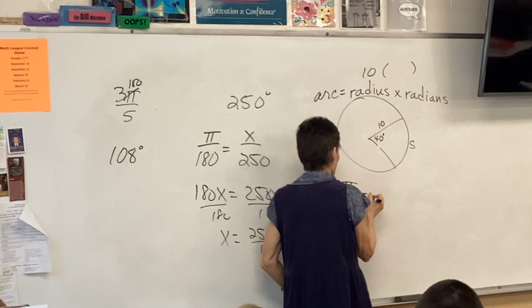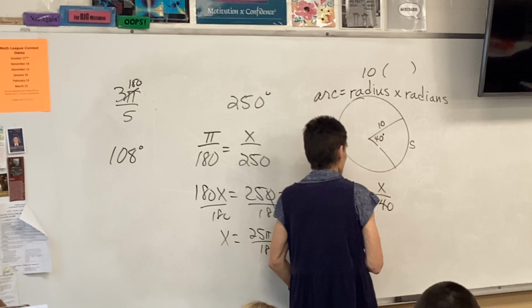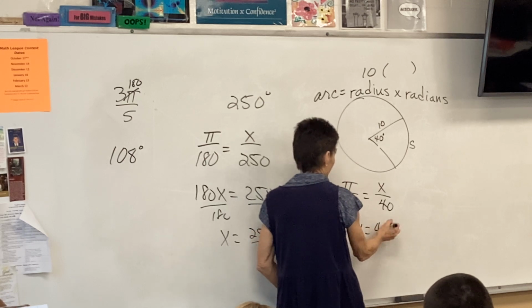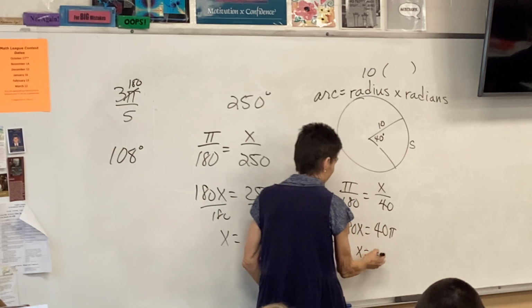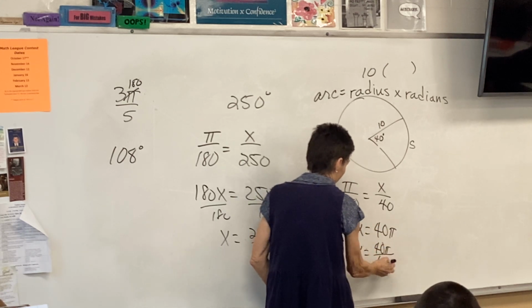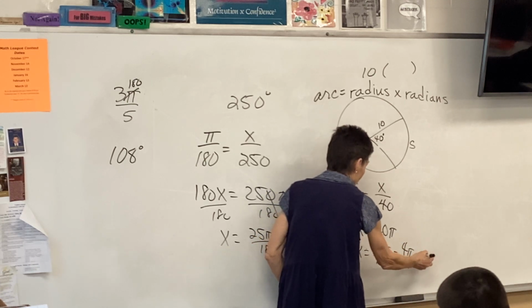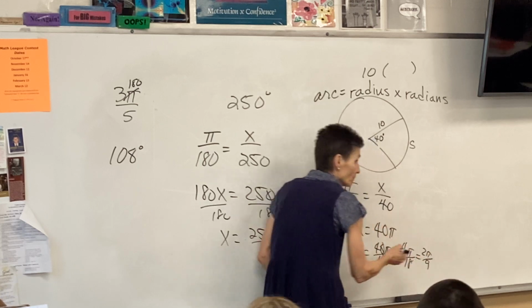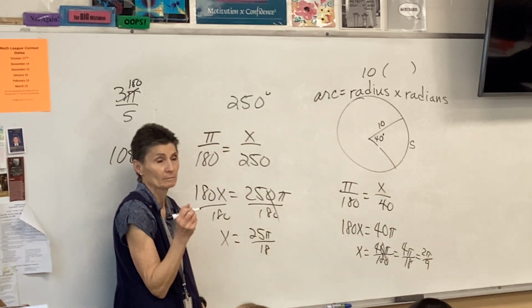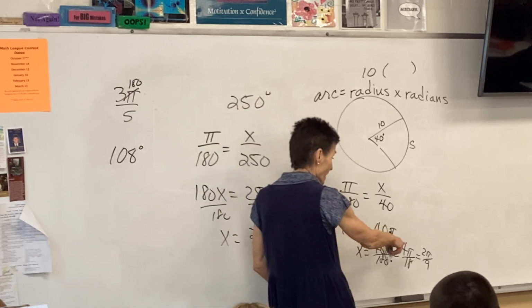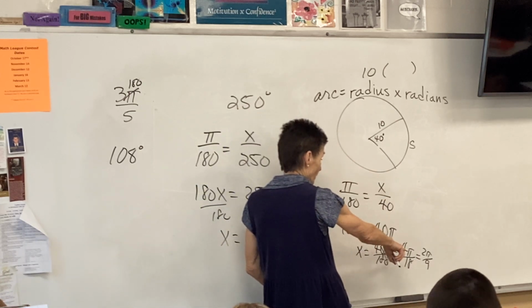So pi over 180 equals x over 40. This one's going to reduce a little bit more. It'll reduce down to 2 pi over 9. But don't get excited. That's not the answer. What's that? All that work was for what?